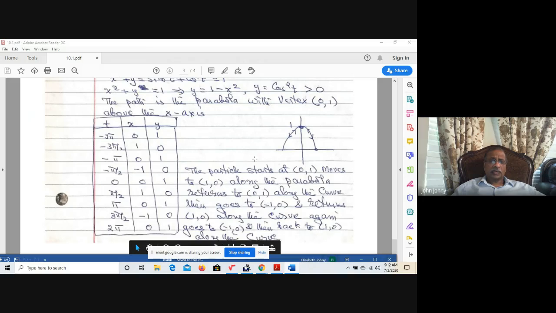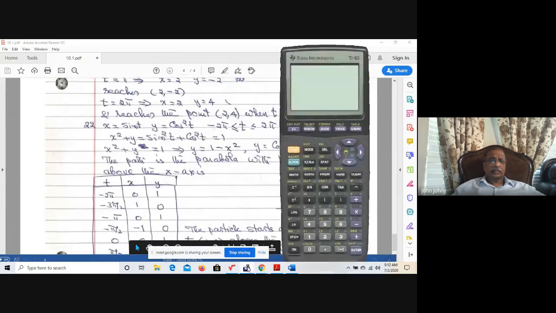You may use your calculator to verify this answer and keep the calculator in the parametric mode. x is sine t, y is cos t square, and you have to set the window.